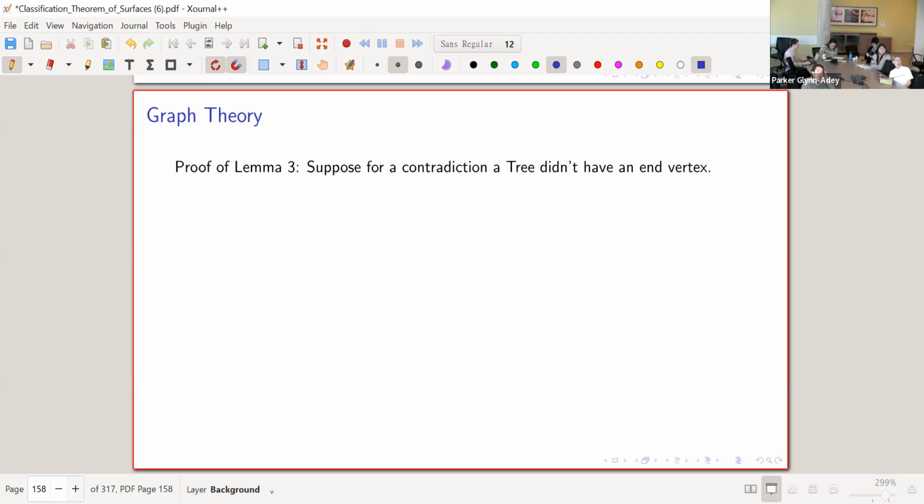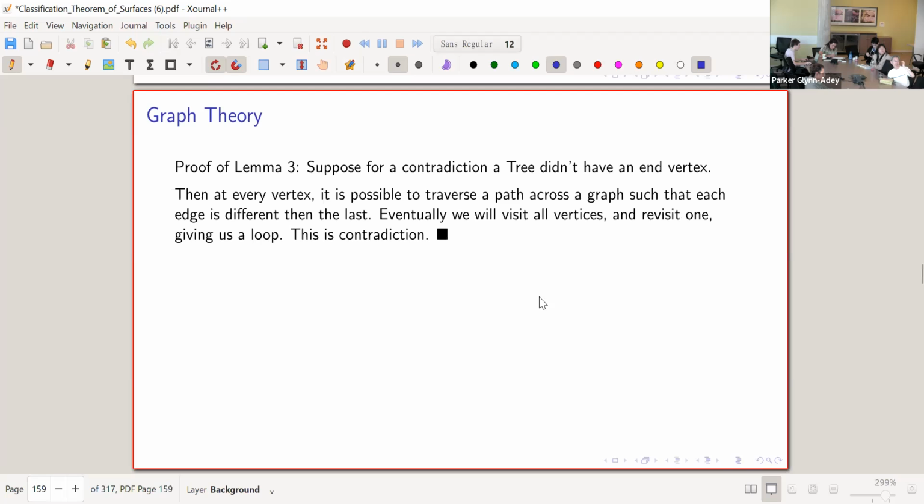So suppose for a contradiction that a tree doesn't have an end vertex. So at every vertex, we'd have two edges coming out of it. And then from every vertex, we can always visit another vertex that's different from it by going along the next edge, the edge opposite to the one we previously went out of.